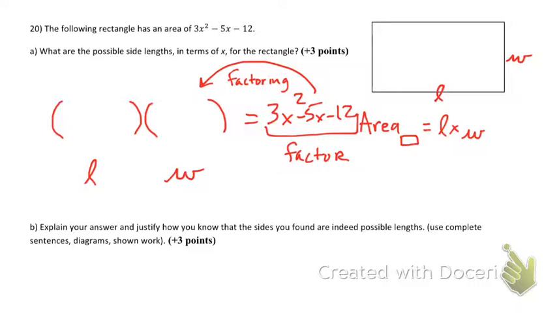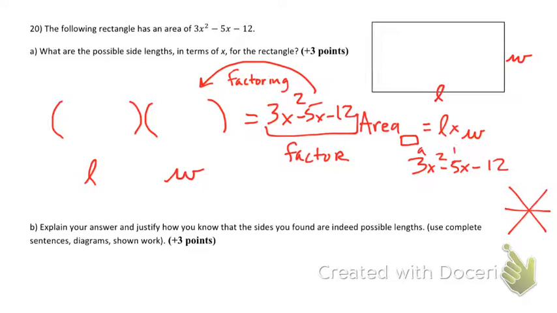Okay? So let's take our area, 3x squared minus 5x minus 12. And let's factor it. We have GCF, snowflake, diamond, and factor by grouping. Because we know we don't have a GCF, you can see that right off the bat, the one that's going to work is snowflake. Okay, why?